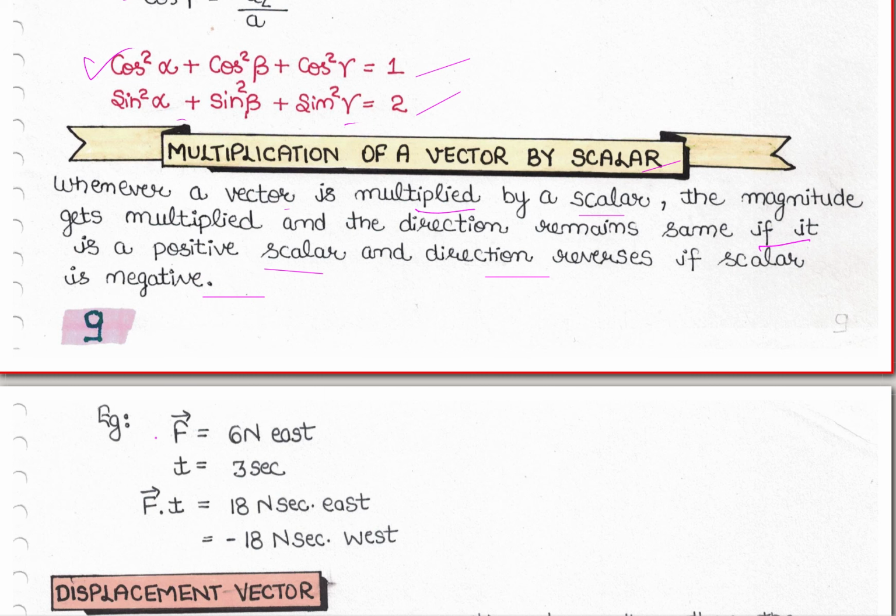So if F is equal to 6 N east and t is equal to 3 seconds, this is our vector and this is our scalar. So F into t is equal to 18 newton second in east, or minus 18 newton second in west.